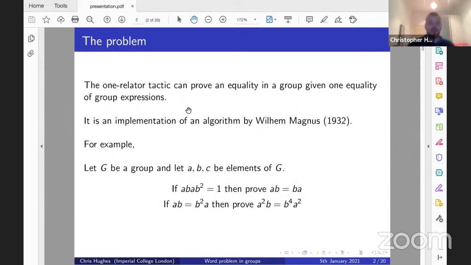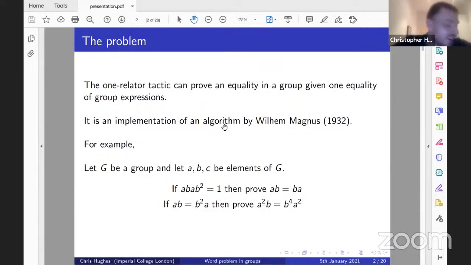Okay. So what does this mean? What's the problem? So I'm writing an algorithm to prove problems like this, where you just have one equality of group expressions, and you want to prove a different equality of group expressions. Here are a couple of examples.